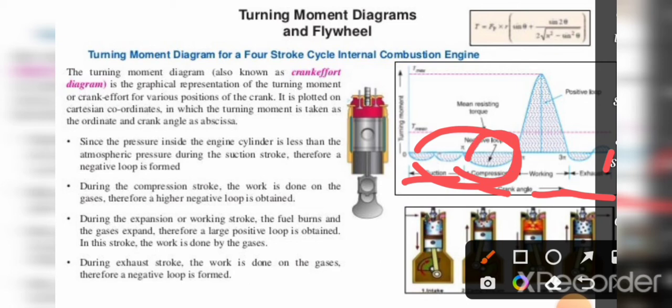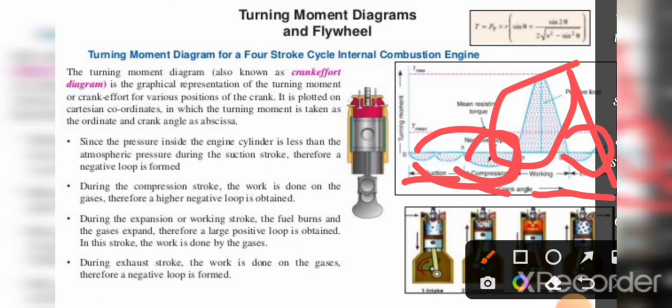During the expansion stroke, fuel burns and gases expand, hence a positive loop is formed. Here we can see that a high positive loop is obtained, and in this stroke work is done by the gases. In the last stage, the exhaust stroke, work is done on the gases, and therefore again a negative loop is formed.